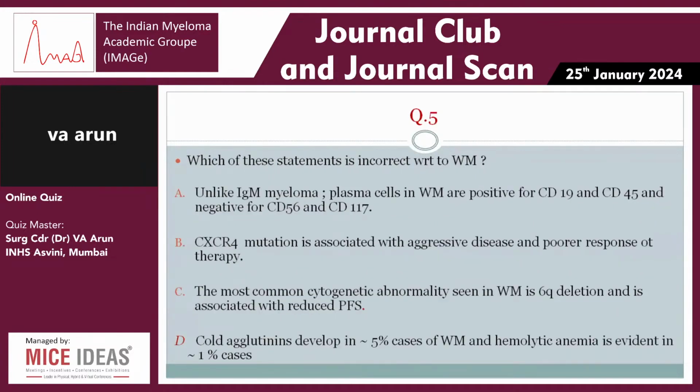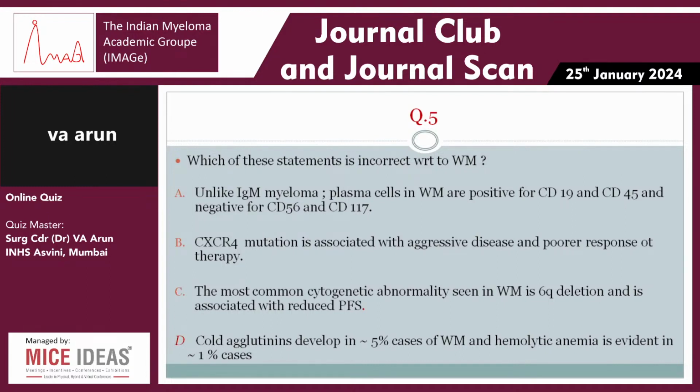My last question is again a pre-paraclinical kind of a question. The first statement is about IgM myeloma versus Waldenstrom's. We always have a query sometimes when we have a patient lined up and we have to dissect out the flow and the clinical parameters to say whether it is an IgM myeloma or Waldenstrom's.